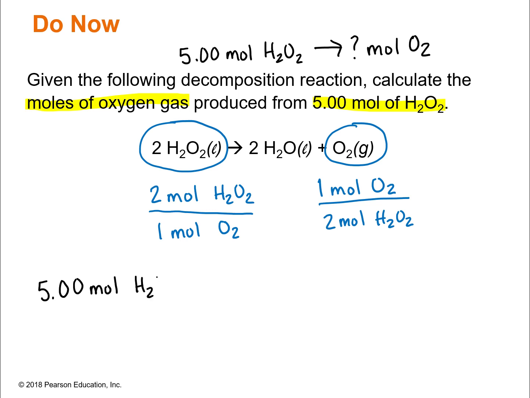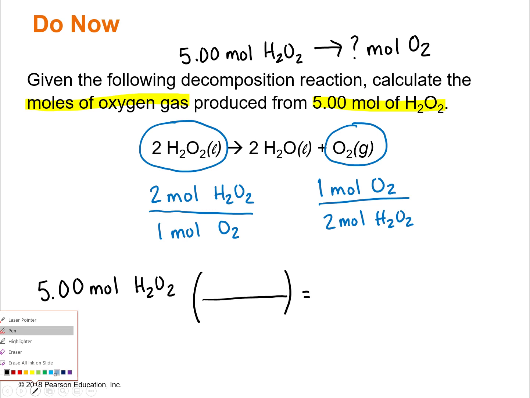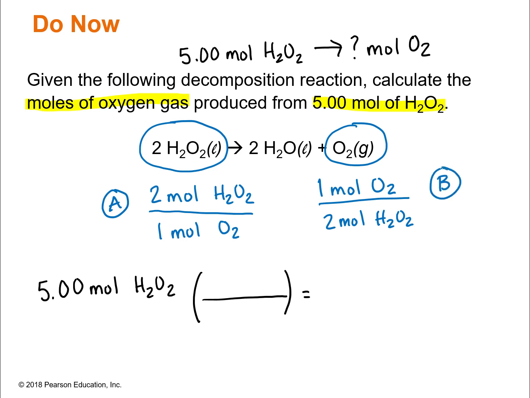Starting with the given information of 5 moles of hydrogen peroxide, we have to choose one of these mole ratios. Which one do we have to use if we need to convert from moles of hydrogen peroxide to moles of oxygen gas? Is it A or B?